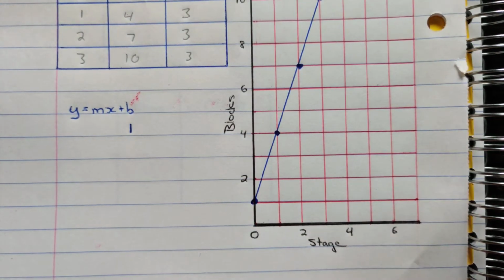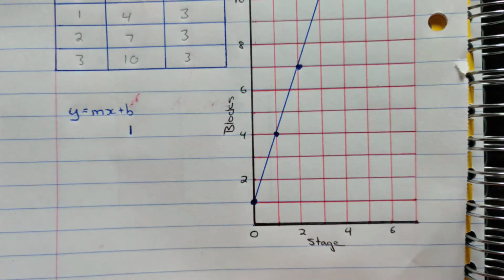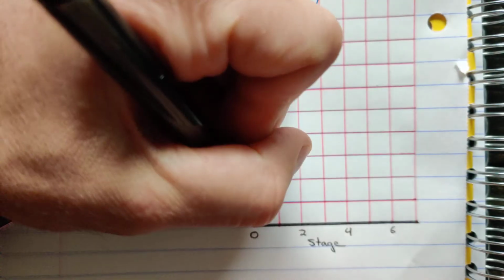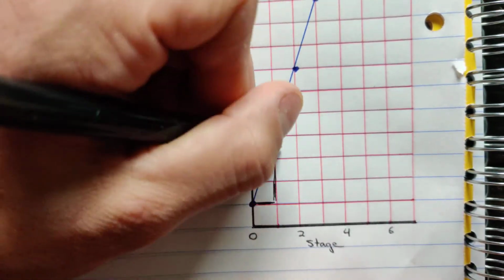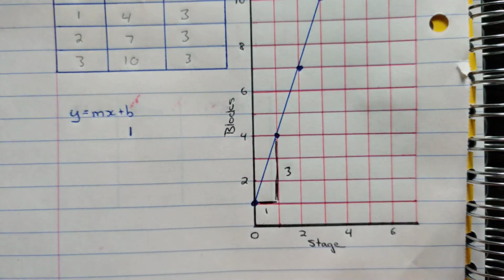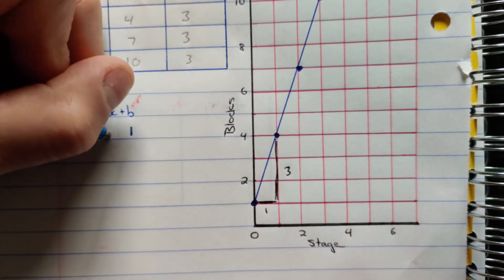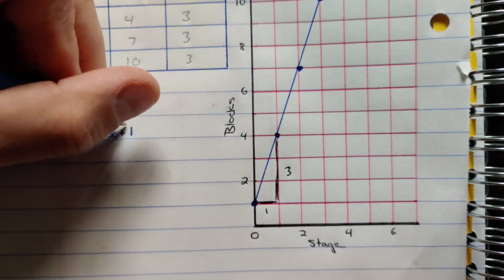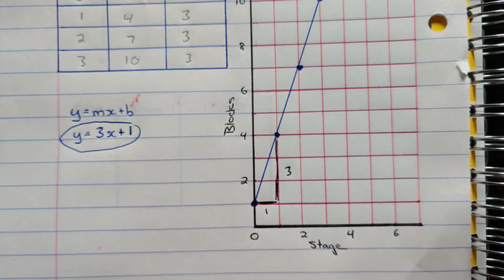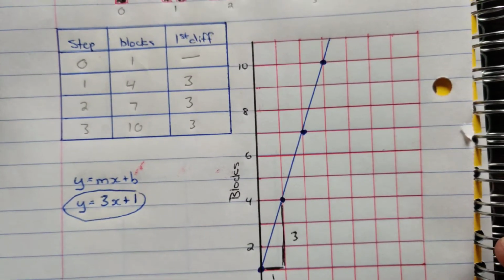Our rate of change is our first differences, or we can draw it on our table: from this point to this point, I rise 3 and run 1. 3 over 1, or just 3. So that's y equals 3x plus 1. We can use this equation to represent it as well, so there are 3 different ways to represent that same situation.